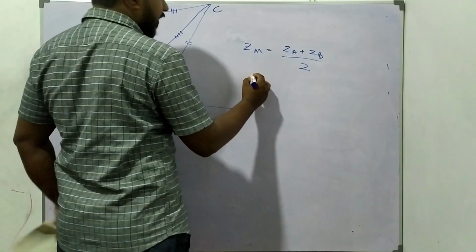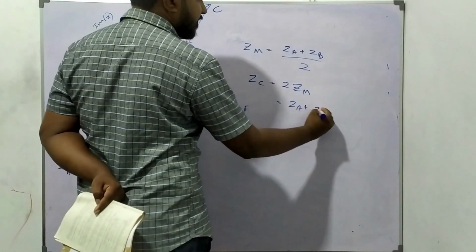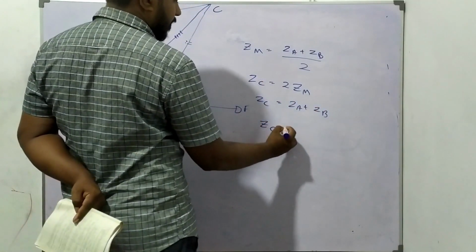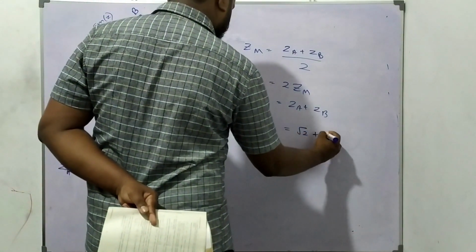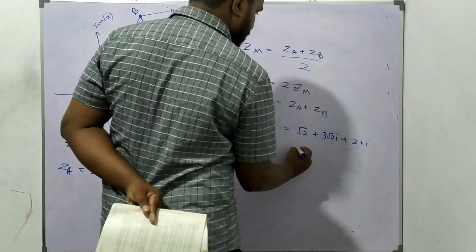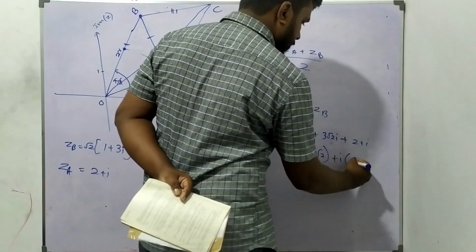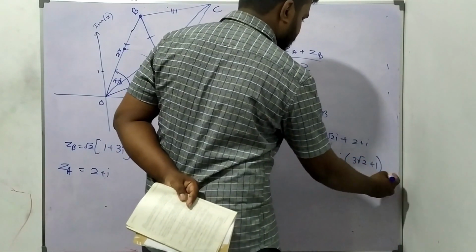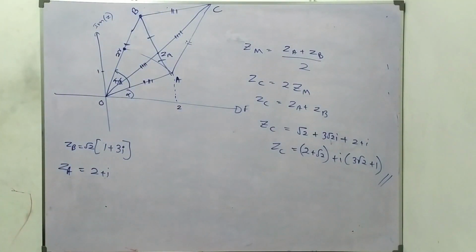Then if you multiply ZM twice, ZA plus ZB will be ZC. ZC means the addition of these two: root 2 plus 3 root 2 plus 1. So this is my ZC complex number, which is the position C on the parallelogram.